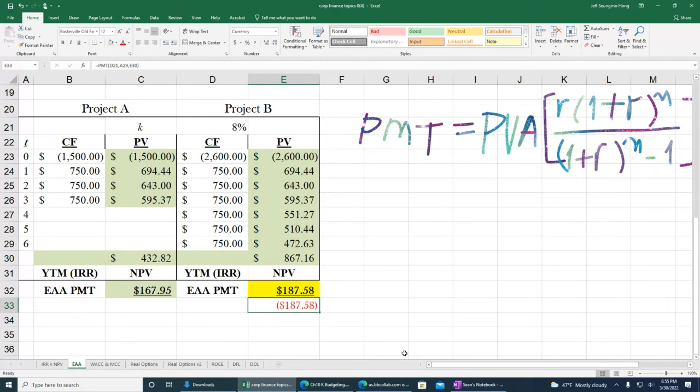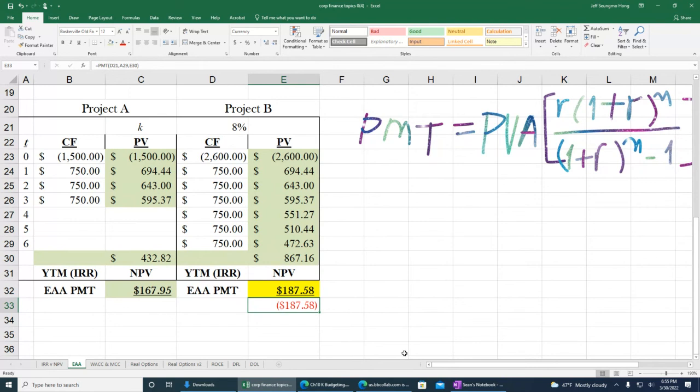It doesn't mean it's a negative amount, it just means cash outflow. Minus sign means cash outflow, right? So think about it. Actually, this is not cash outflow. This should be cash inflow, right?